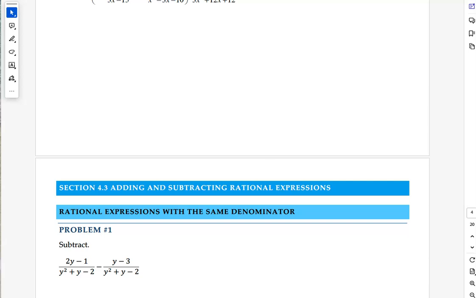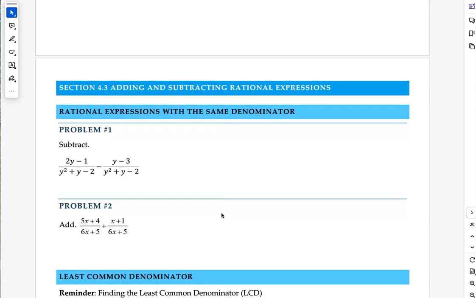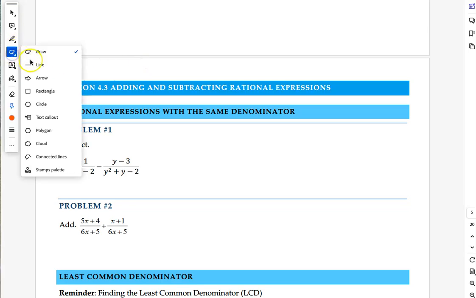Okay, so I'm going to do this first example where we have the same denominator. Remember, when we're adding and subtracting fractions, you must get a common denominator.